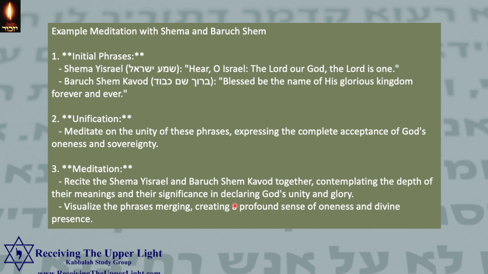One way to visualize these verses is by visualizing the Hebrew letters as if they were letters made of fire, and then having these two verses merging into one fire, right? One flame. Okay, that's another way to meditate this.